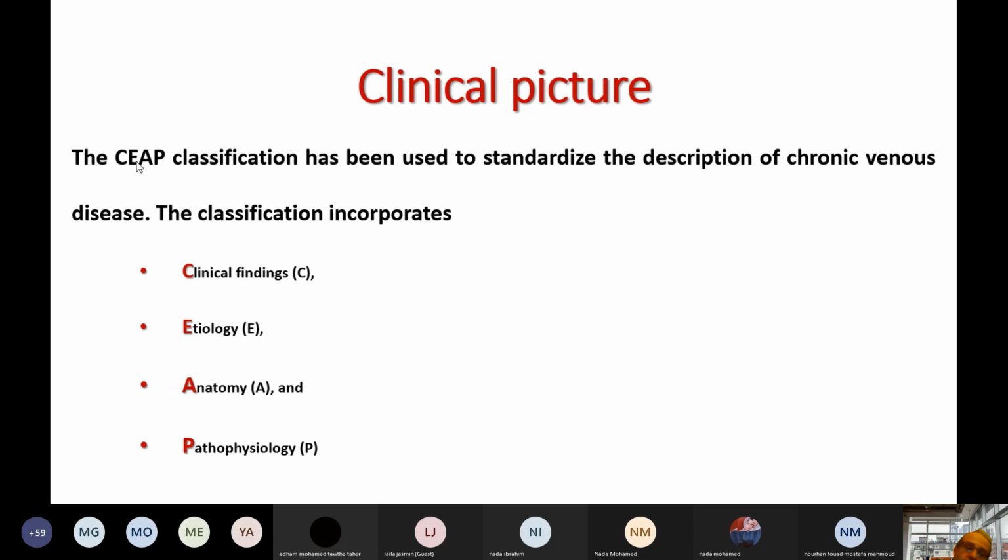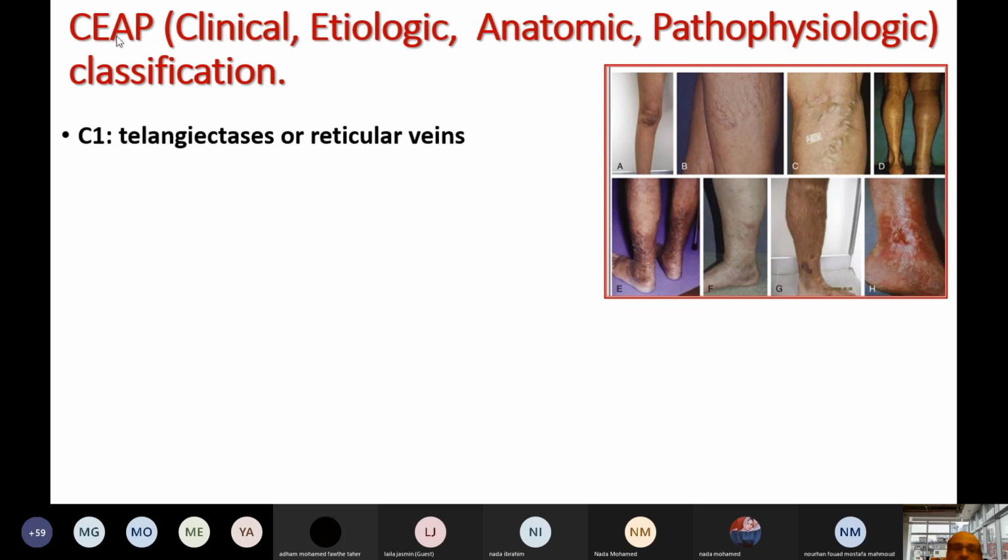CEAP stands for C for clinical finding, E for etiology, A for anatomy, and P for pathophysiology. Let's go one by one. In the CEAP classification, C starts with clinical. According to the clinical presentation of the patient, you can classify your patient into C1, which has some telangiectatic vessels, as we have seen before.